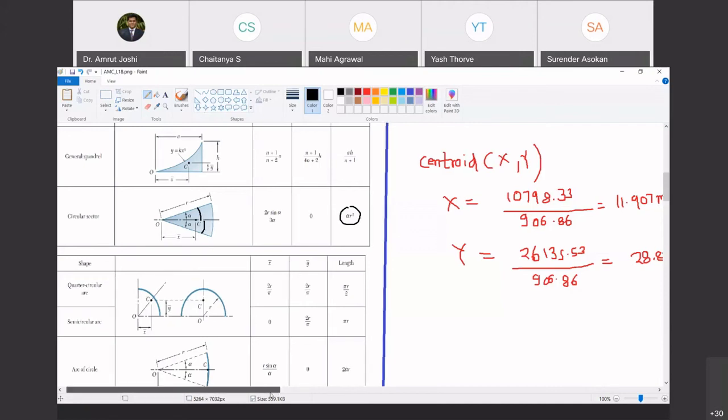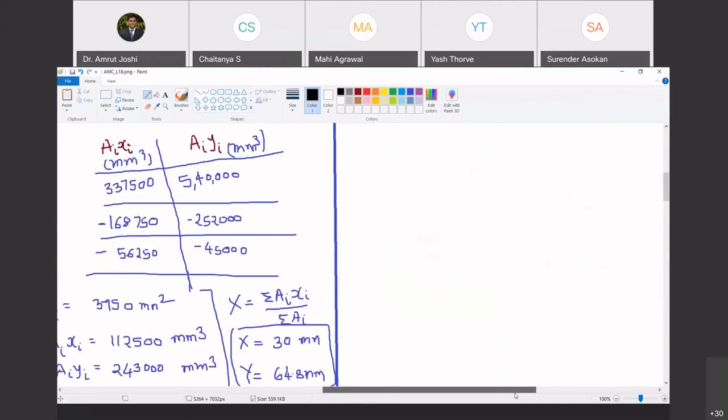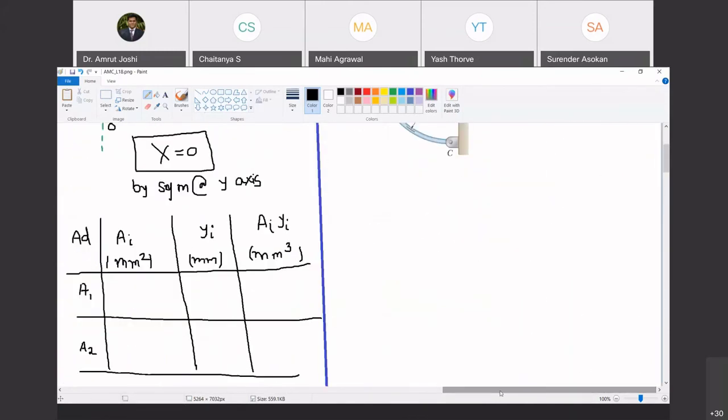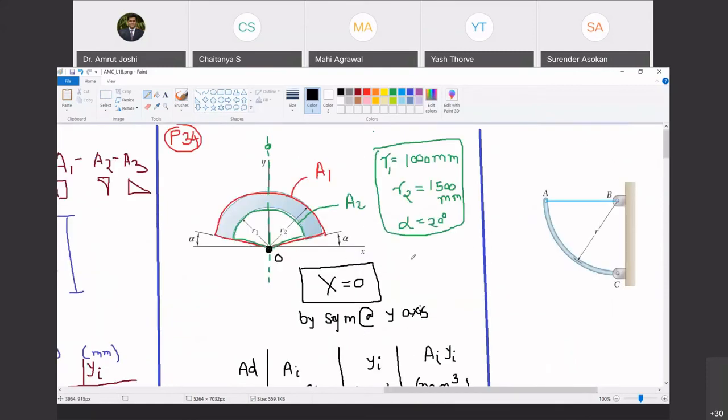So can you tell me what is the value of alpha in our case? For both sectors, we are going to have alpha the same. While using the formula, we have to calculate this alpha. So what is this angle? It will be 140, because the total angle is 180, so 20, 20, 40 gone, so 140.